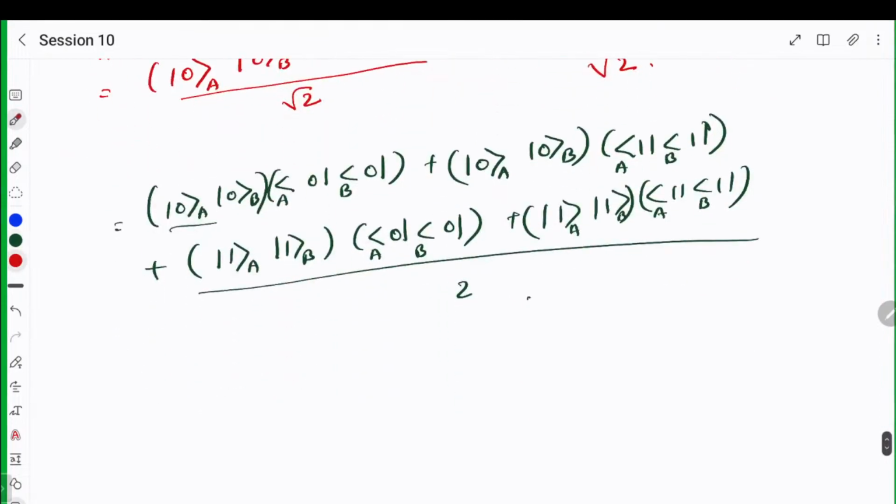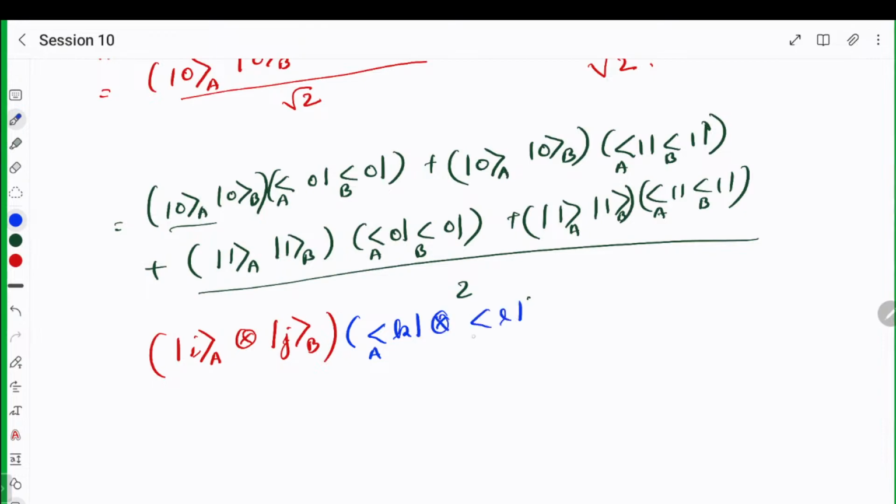Now, how can we simplify this? One thing that you have to note is that if I have |i_A j_B⟩, and we outer product this with, let's say, ⟨k_A l_B|, then what will happen? You see, I have taken a state of the composite system |i⟩ tensor |j⟩, and then outer product with the bra of that system.